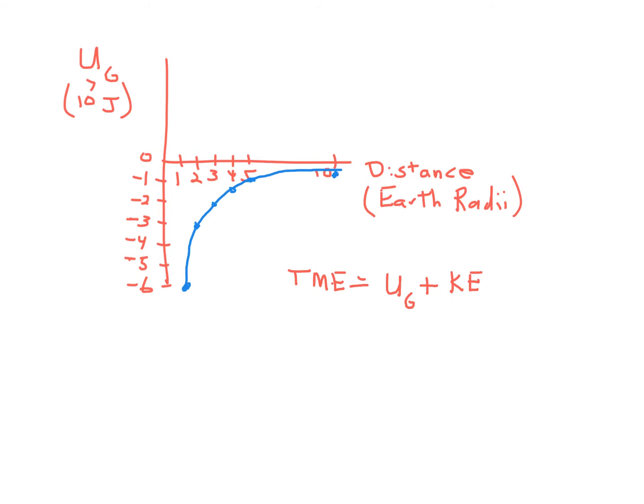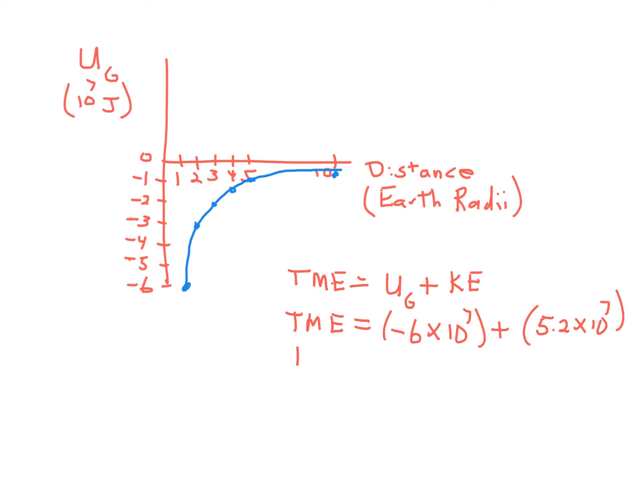At the surface of the Earth, because this is going to be a conservation of energy problem, we're going to assume no losses. At the surface of the Earth, we have the negative 6 times 10 to the 7th joules. That's my potential energy. Plus, and we'll assume that's negative 6.0 just for argument's sake, plus the 5.2 positive times 10 to the 7th joules of kinetic energy.